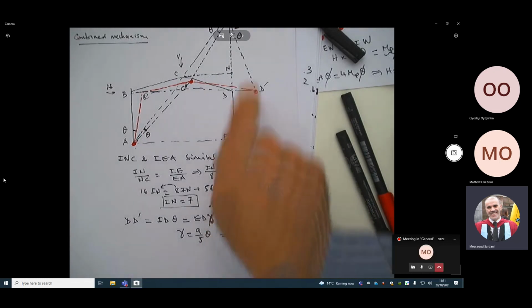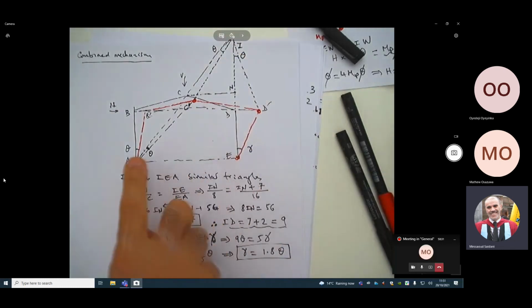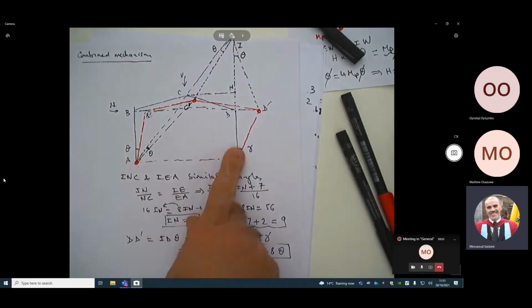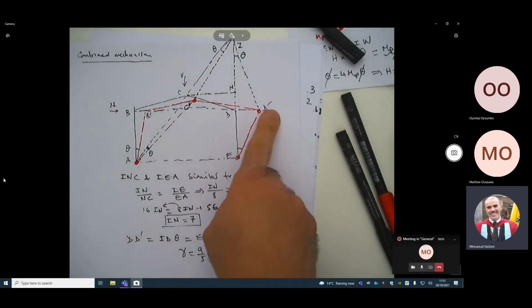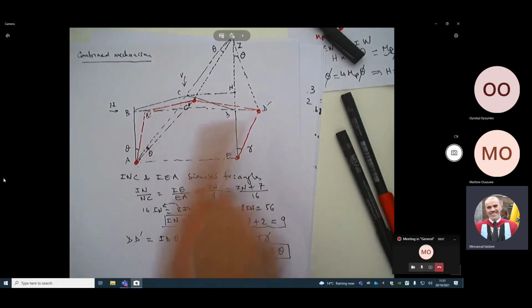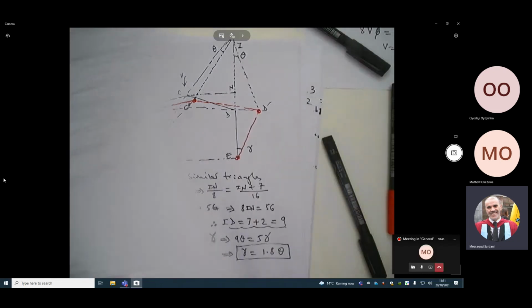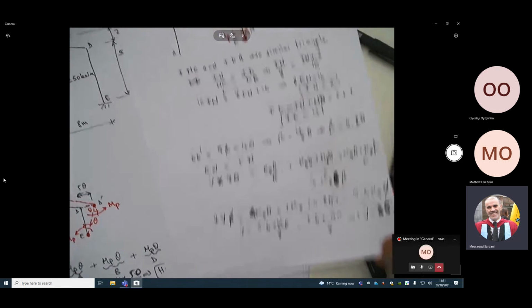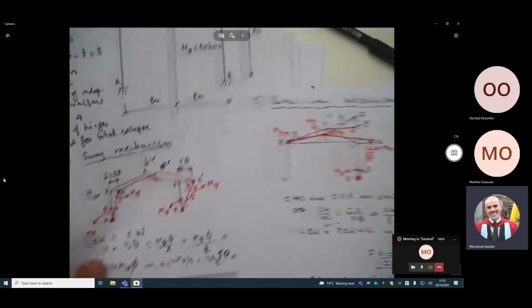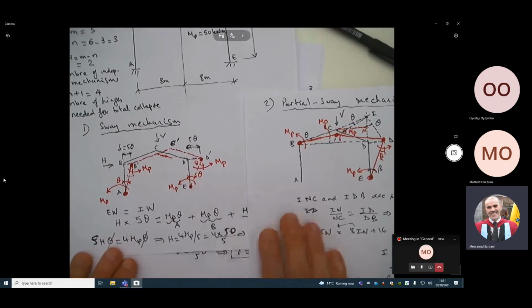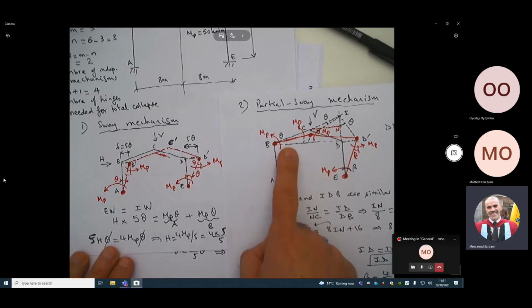So now we've got a relationship between the angle at this column, AB, and the column at the other side. As we said earlier, the displacements are larger on this end. Now, what do you notice here? This is the sway mechanism, and this is the partial sway mechanism.